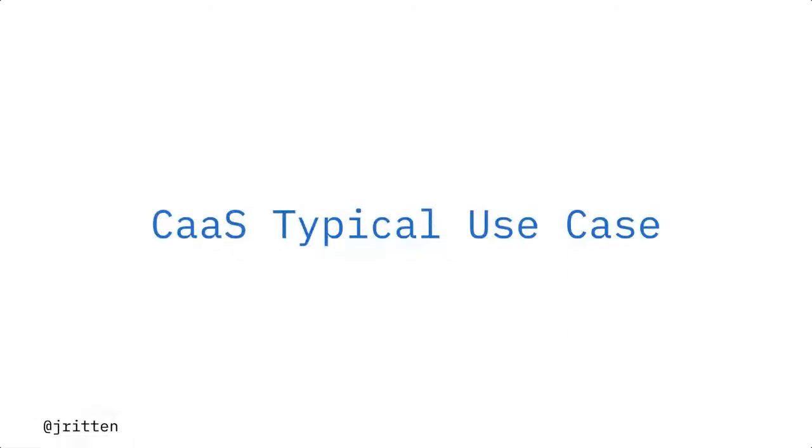So a container as a service typical use case, what does that look like? So I included a link in the slides as well, but we have an ExxonMobil use case. So the business challenge here was ExxonMobil needed expert design guidance and powerful cloud infrastructure to bring an idea for a smartphone app to fruition and provide a secure, streamlined user experience.